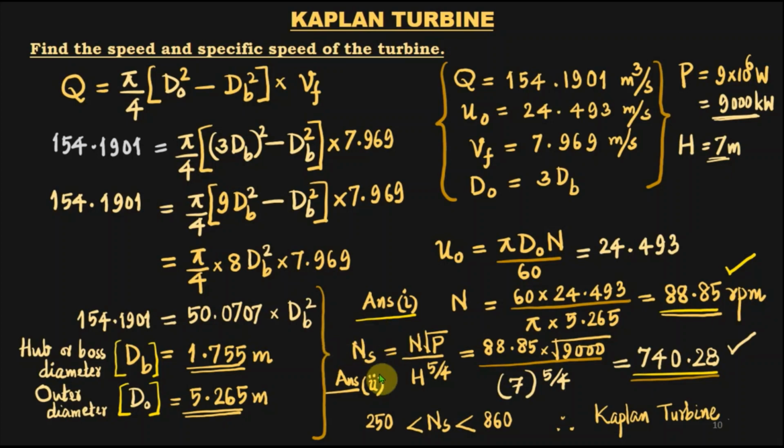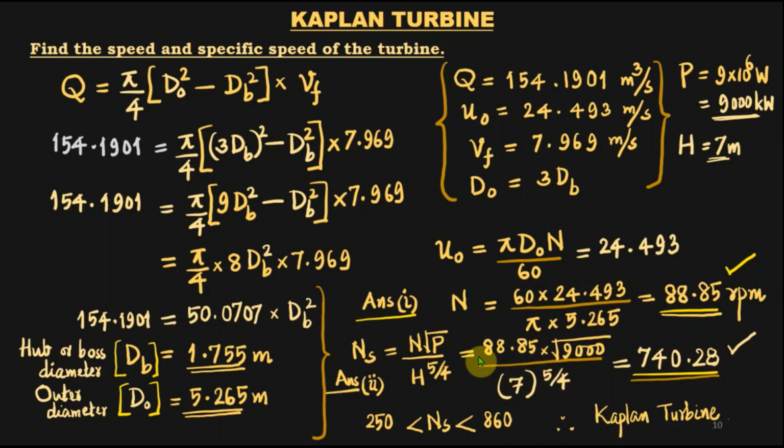Dimensional specific speed ns is given by n root of p divided by h raised to 5 by 4. The important point is here the shaft power p must be in kilowatt. So the n is 88.85 rpm and the shaft power is 9000 kilowatt and h is 7 meters.